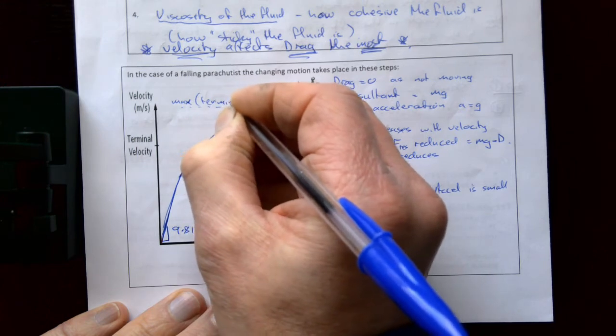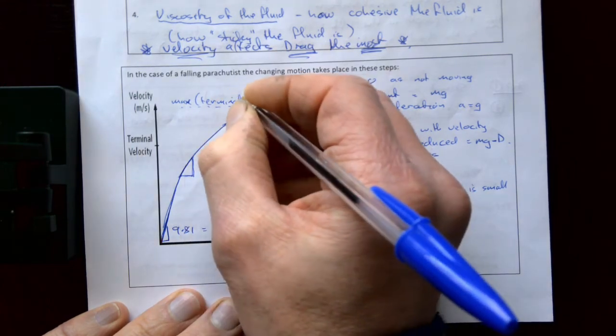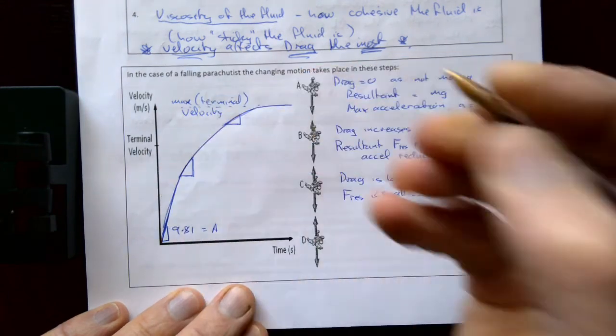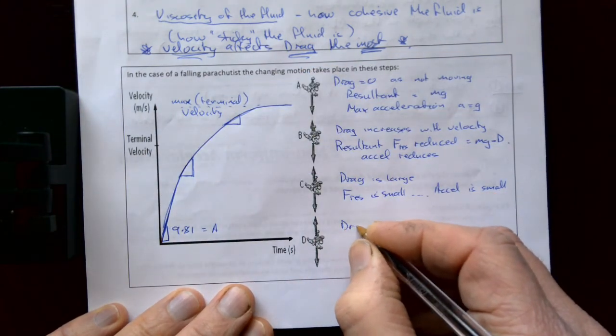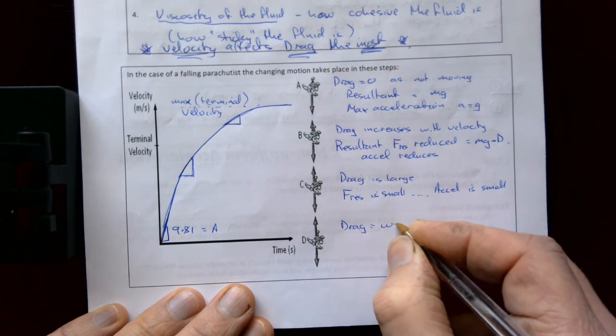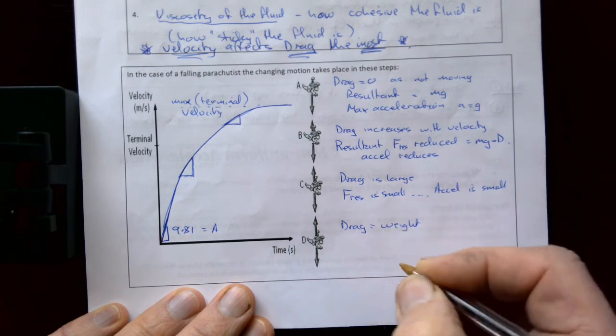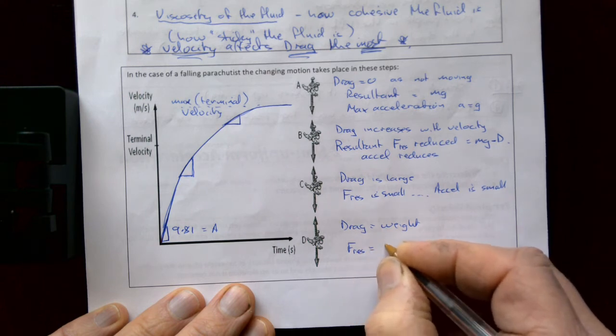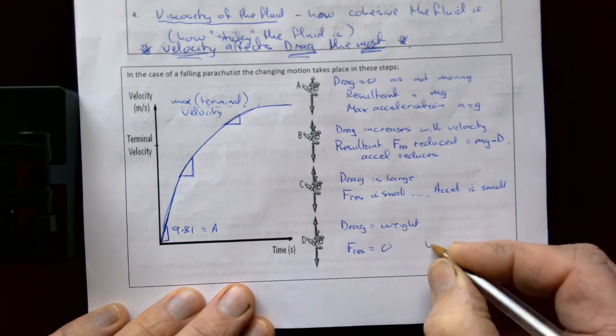And what is happening there? Well, you've reached that logical conclusion. Here you've got your drag equals the weight, and so because of that your resultant force is 0. Velocity is constant.